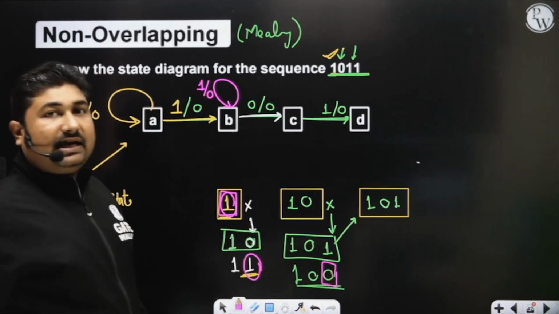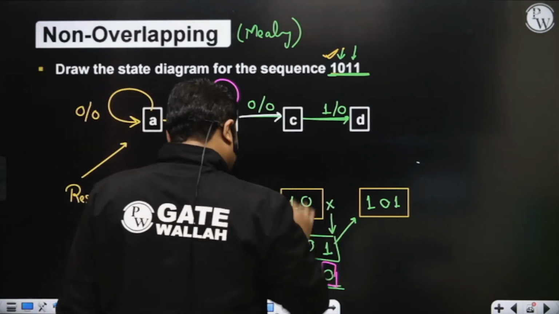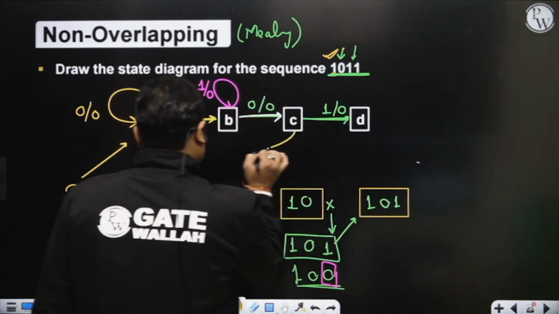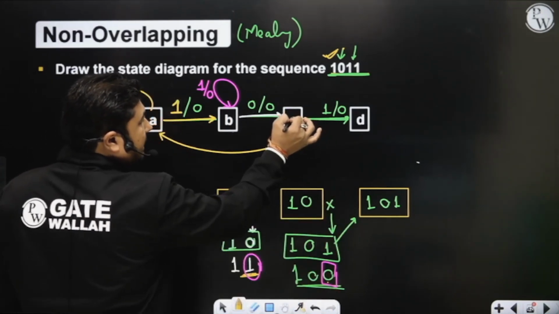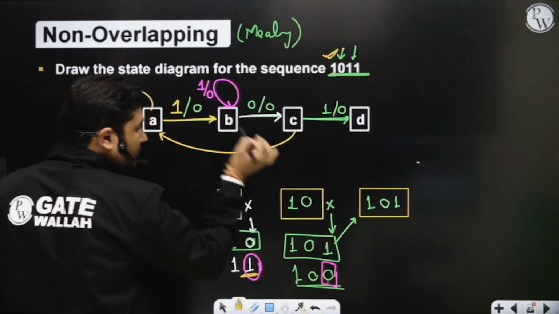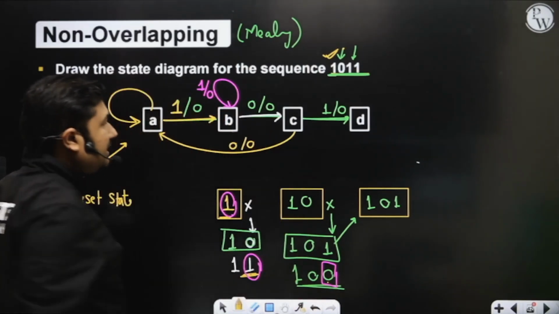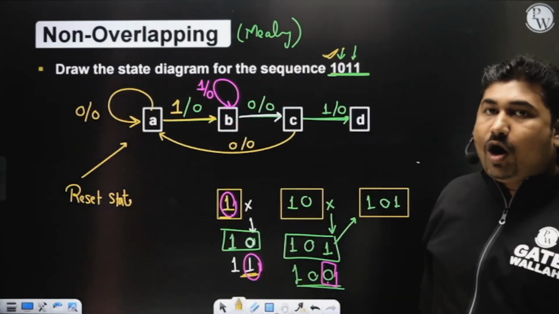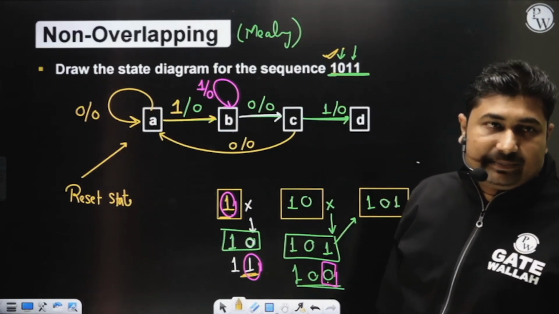If it matches, come to state B. If it doesn't match, then you are going to reach the reset state only. So in case you are at state C and input x equals 0 appears, then again you will reach the reset state with output 0. Output will become 1 only when all the bits in the sequence got detected. Great, sir.